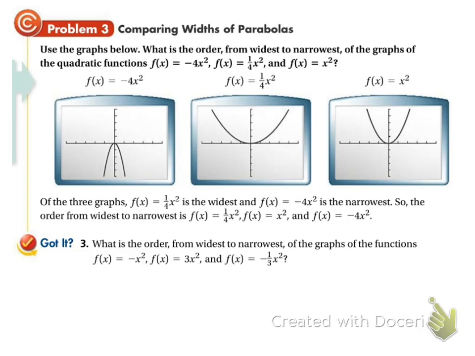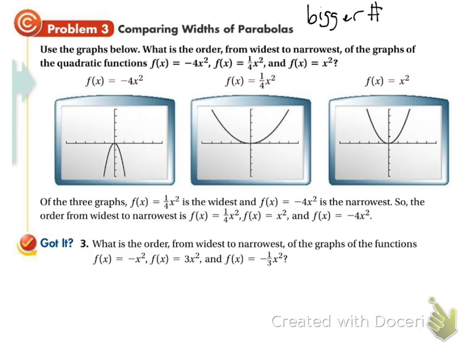Okay, we can tell, based on the equation that we're given, how wide our parabola is going to be. We're not going to look at it and say, okay, it's this wide, graph it. What we're going to do is we're just going to be able to compare them, okay? Kind of surprisingly, or against what you might think, the bigger the number out front, the skinnier it is, okay?